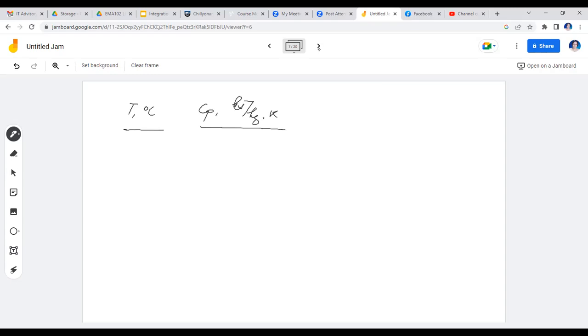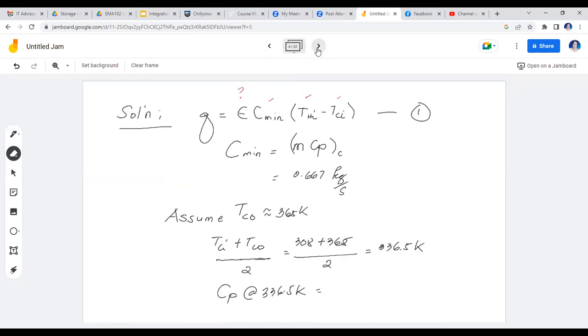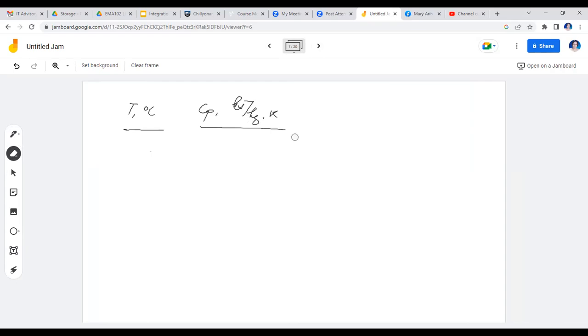Our value, by the way, is 336.5. So you will have it in between 311, 336.5, and 338.8.